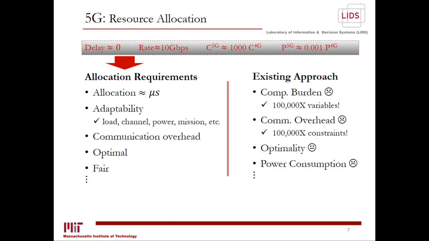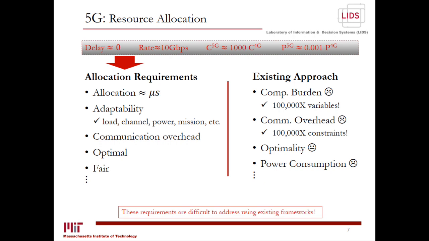As we all know, the scheduling mechanism for 4G networks is basically a simple weighted sum algorithm that takes into account the channel state information. It's not load dependent. And obviously the mechanism doesn't take into account the power consumption of these devices. These are battery operated devices, and any allocation mechanism for 5G has to take that into account.